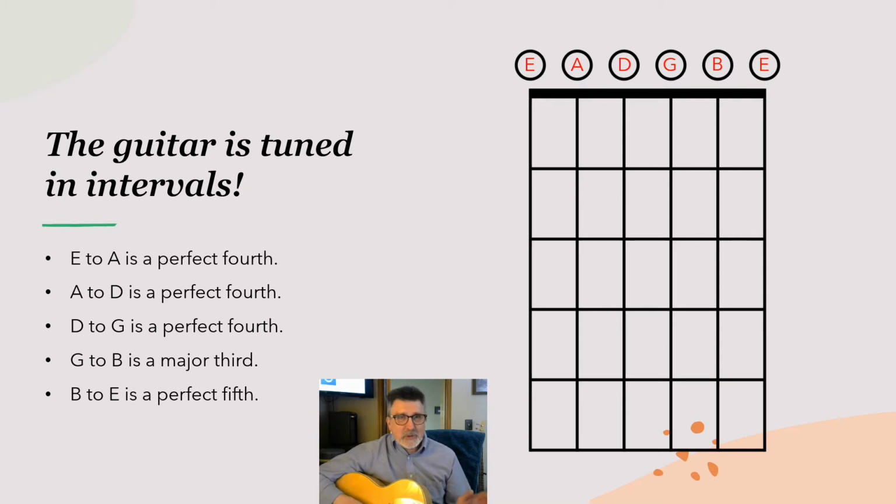Now here we switch it up a little bit. G to B is a major third, and B to E is a perfect fifth. So those intervals, we're used to hearing those. There's a fifth, there's a major third, all the rest are fourths. So the guitar uses intervals.